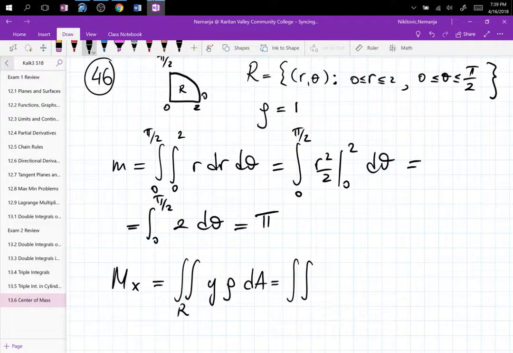So this is going to be a double integral. Y is what in polar coordinates? R sine theta. And then you have r dr d theta. And then you have the same limits.